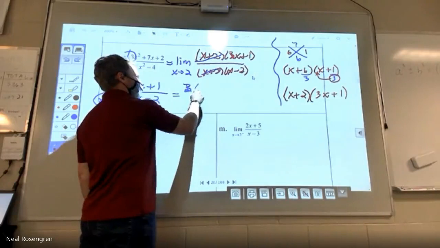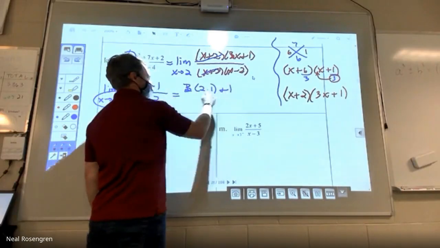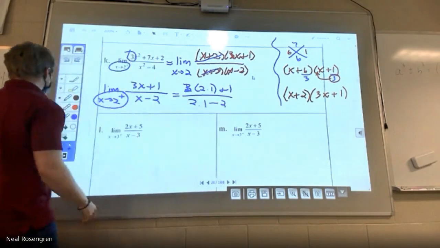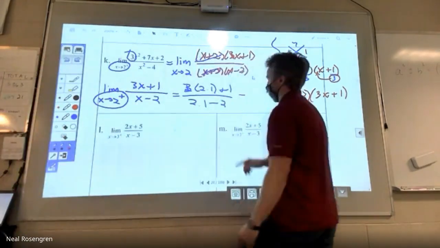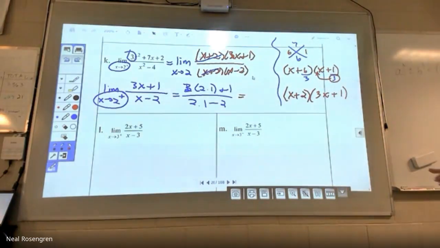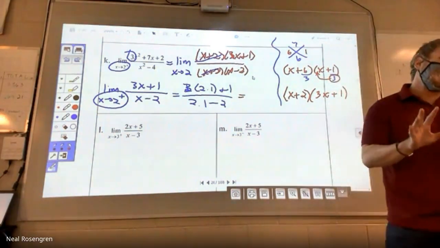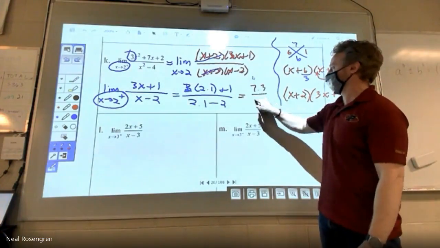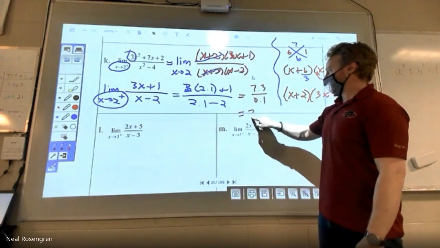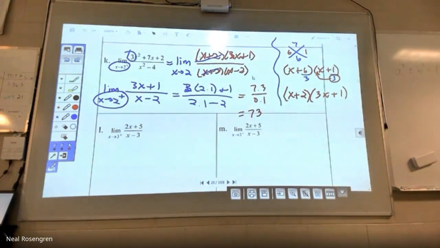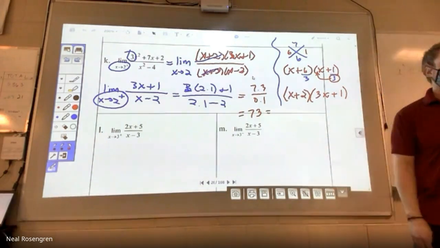So 3 times 2.1 plus 1 over 2.1 minus 2. A number went in, so the limit goes away. Now, this is kind of shady, informal kind of thing that we're doing here, but it works out, 7.3 over 0.1. So 73. That's not the limit. It's a very big number.